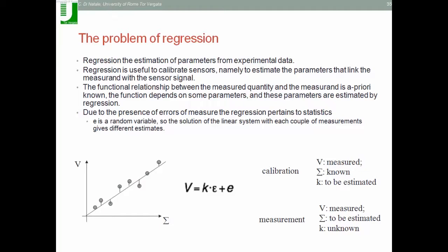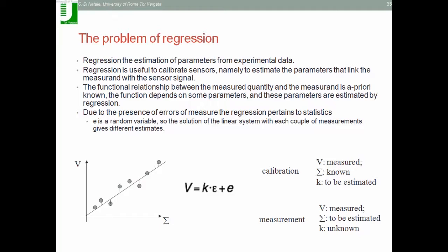We have measurement errors, and this is the important part of the regression, because how to estimate K in the presence of errors, in the presence of the fact that the data points are not aligned along a straight line. If we take a couple of these points and calculate K as a ratio between V and epsilon, for each point we get a different value.